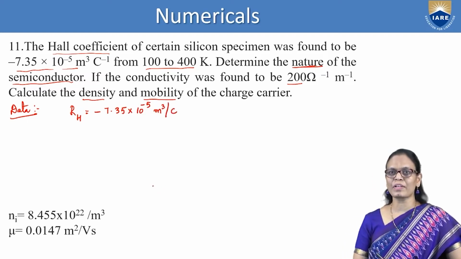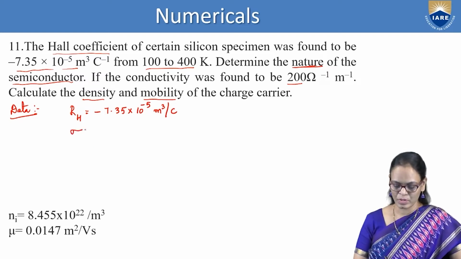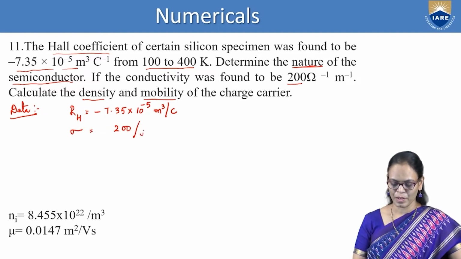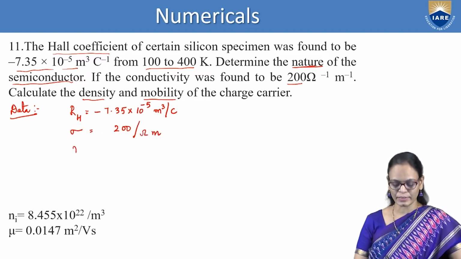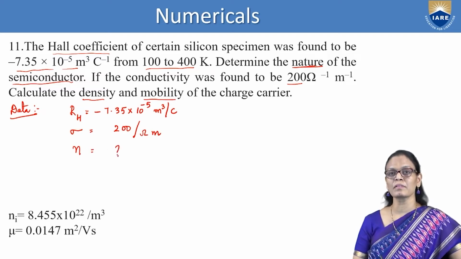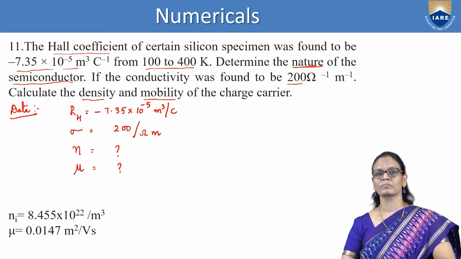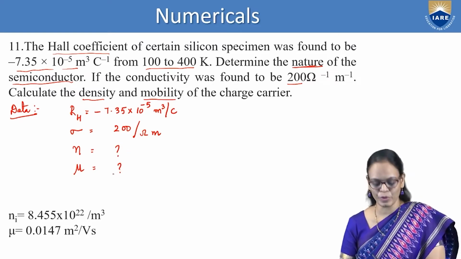And then we are also given the conductivity. Sigma is equal to 200 per ohm meter. You need to calculate the charge carrier density N and mobility mu. And also we have to find mu.